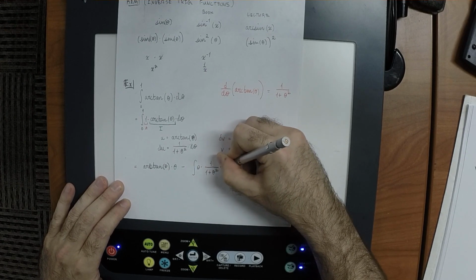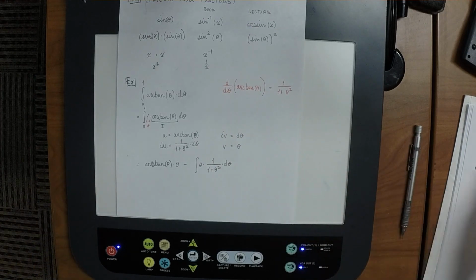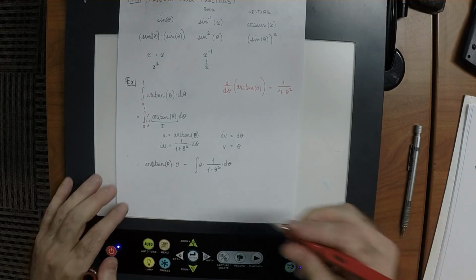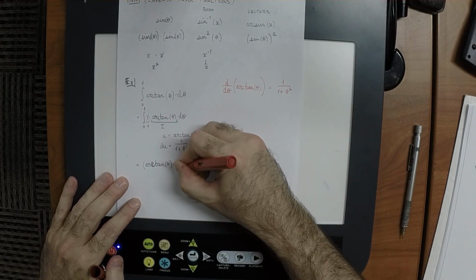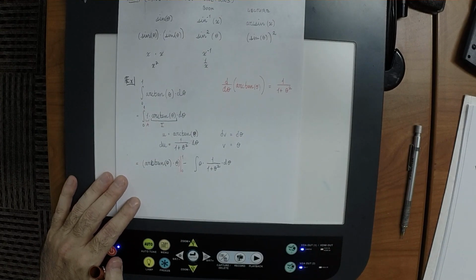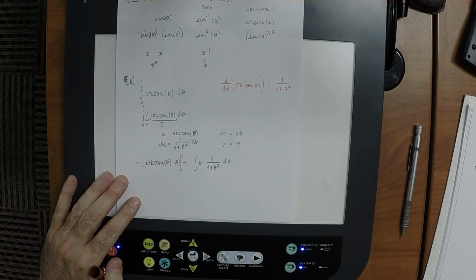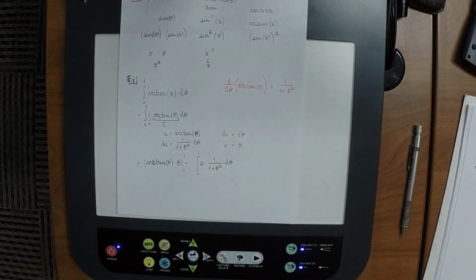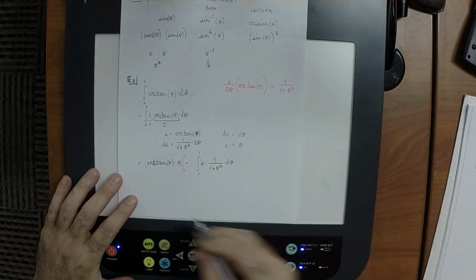Now how do I need to edit what I've written here to make it right? For uv, it has to be boundary evaluated, 0 to 1. And then still one more edit: this needs to still be the integral from 0 to 1. Good?